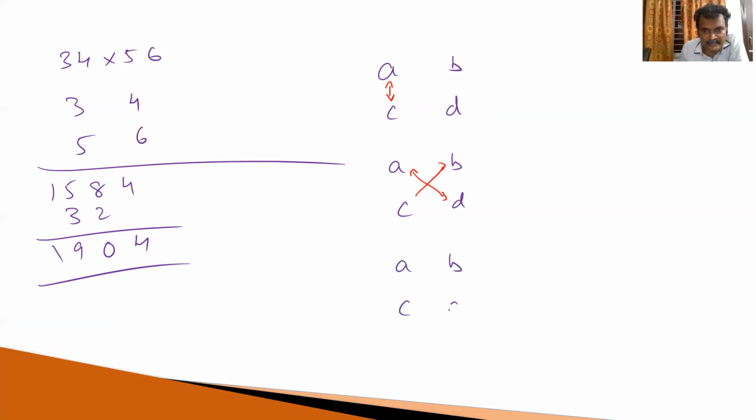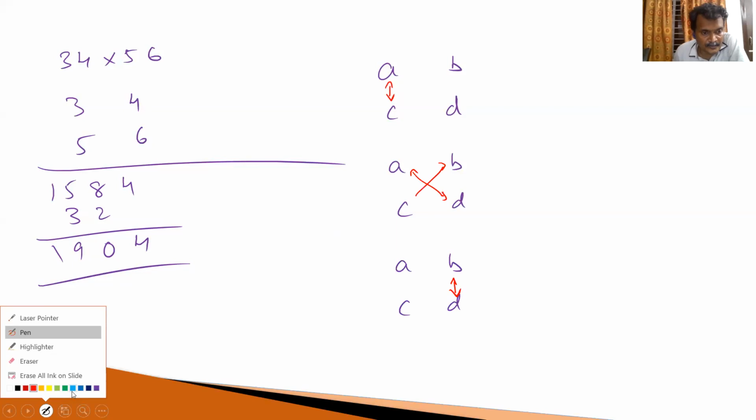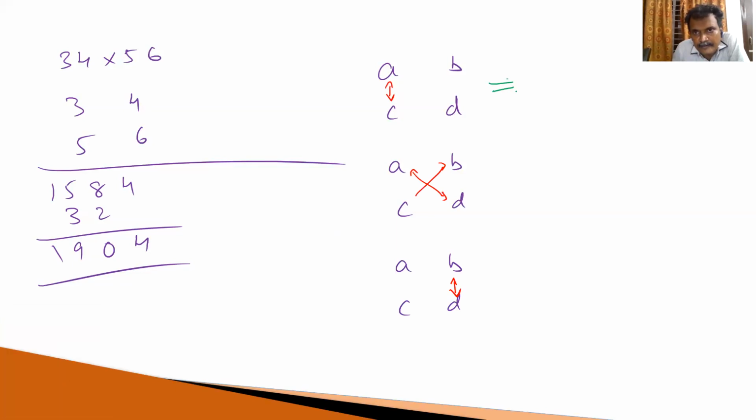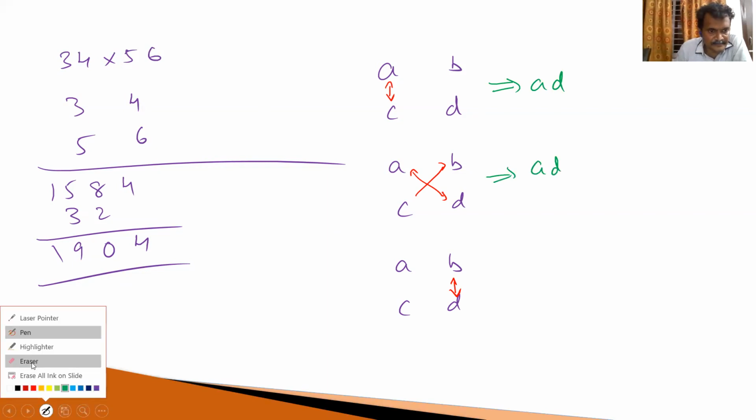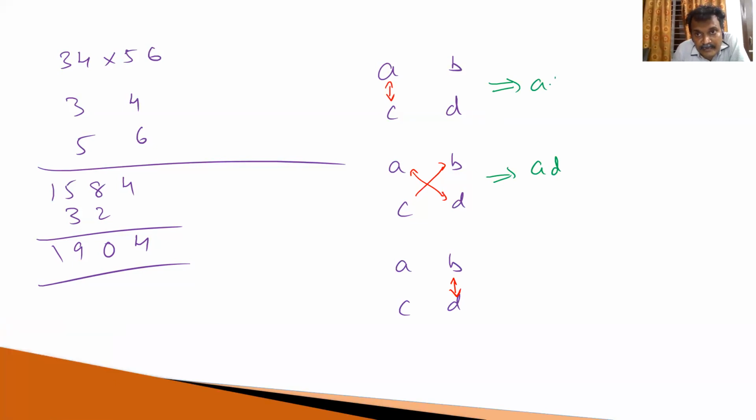BD. So first one AC, AC is nothing but A into C. Second one, crosswise AD plus BC. And what is the third one? That is BD.